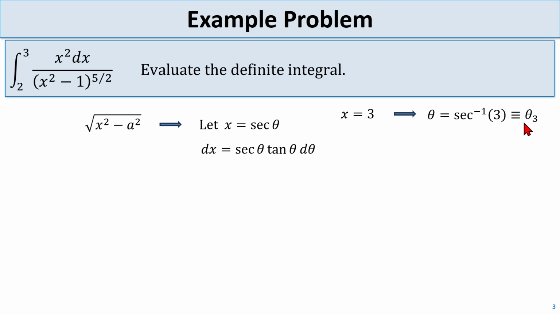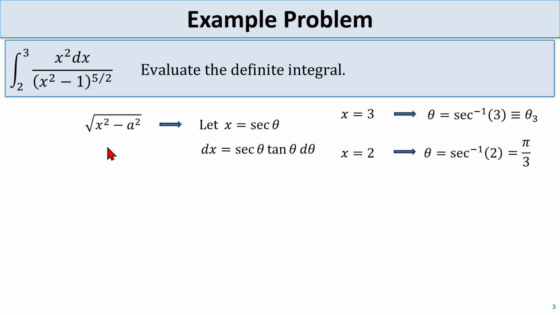We'll have this shorter notation. When x is 2, theta is equal to the inverse secant of 2. That one does simplify down nicely to just pi over 3. That's actually because cosine of pi over 3 is 1/2, and secant is 1 over cosine.